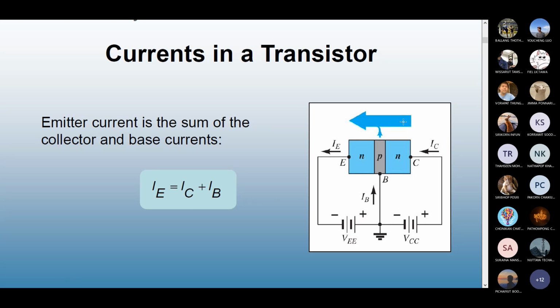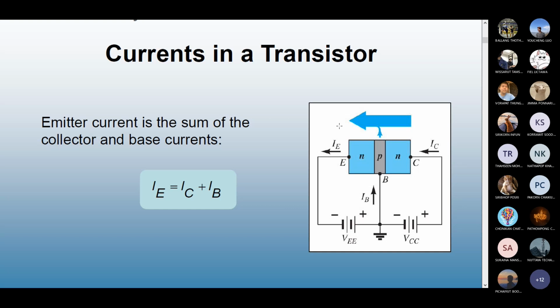The large blue arrow is indicative of the main current flowing through the device, and there's a narrow blue arrow that is joining. So base current is joining collector current, and you have emitter. Typically, the collector current is in the range of milliamperes, 10 power negative 3, and the base current is in microamperes, 10 power negative 6, sometimes pico or even nanoamperes, almost 1000 times smaller than IC.